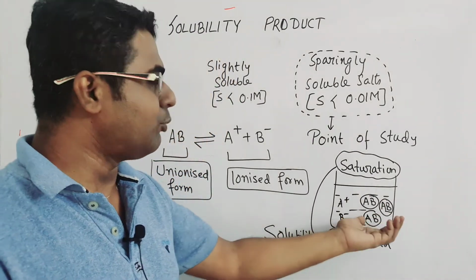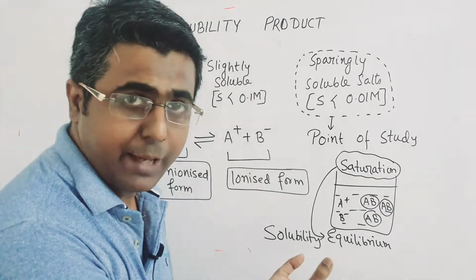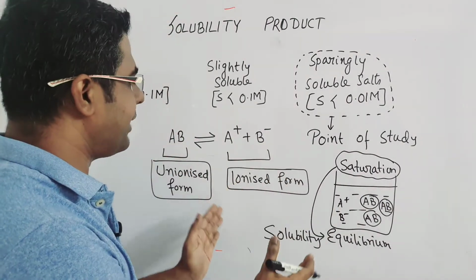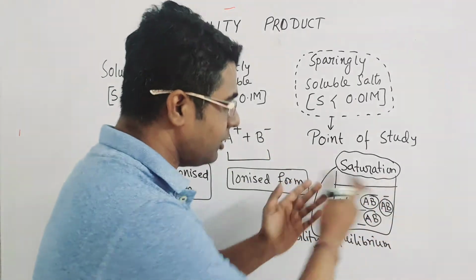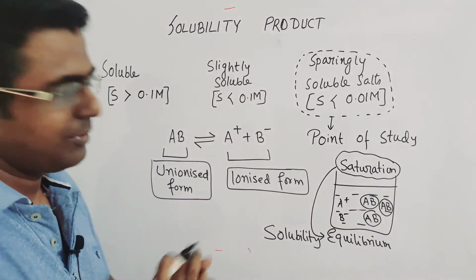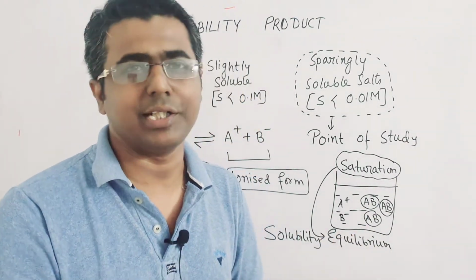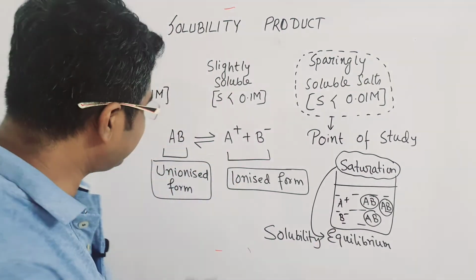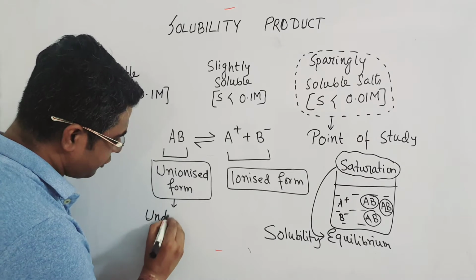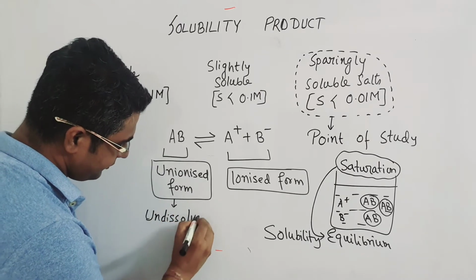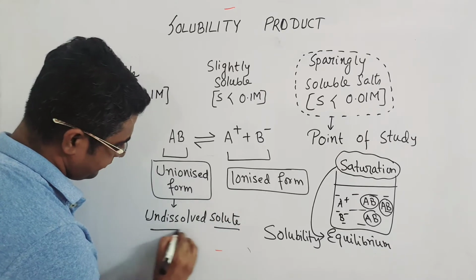Whenever this molecules, that is an unionized form of AB, is in equilibrium with ionized form, that is A plus B minus, in a solution, that will be called as solubility equilibrium. That is saturation condition. Now this unionized form is undissolved solute, ठीक है?